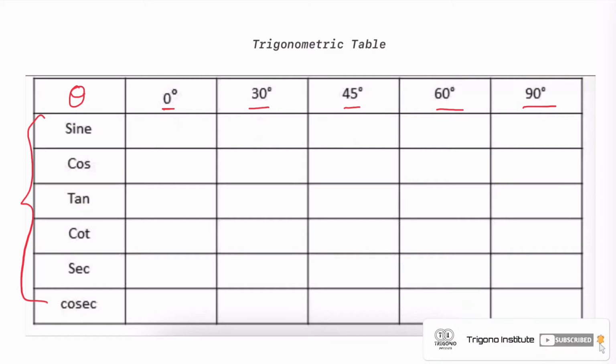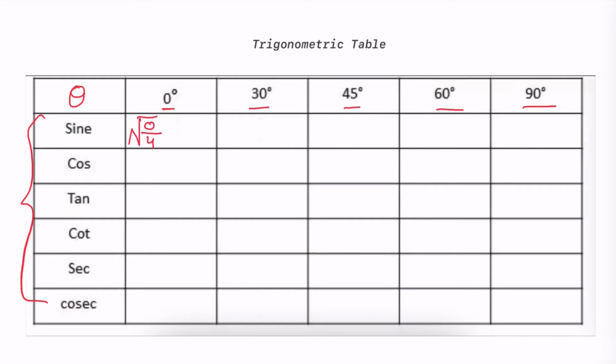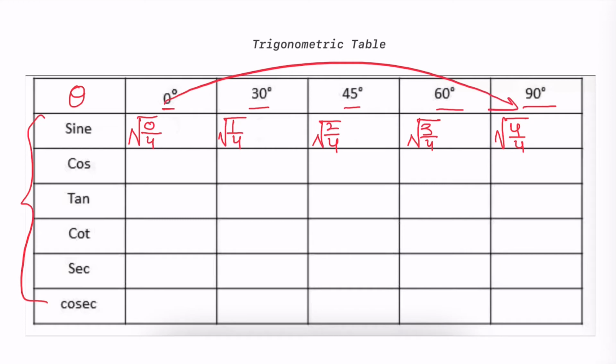First of all, I'm starting with the values of sine. So let's start with that: under root 0 by 4, under root 1 by 4, under root 2 by 4, and under root 3 by 4, and the last one is under root 4 by 4. This is the basic way to find out all the values easily. So you need to start from 0 and you have to go all the way to 4 with the denominator 4, right?